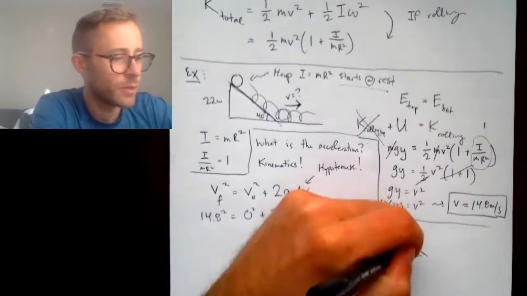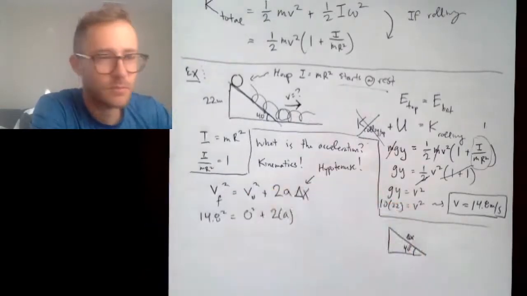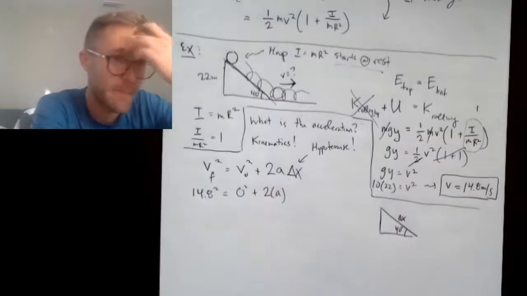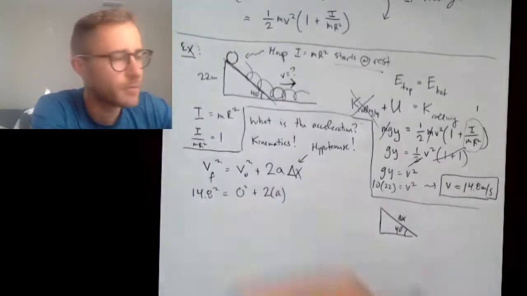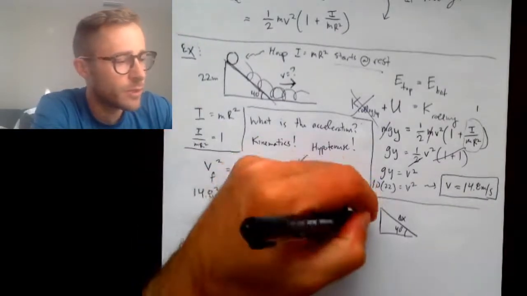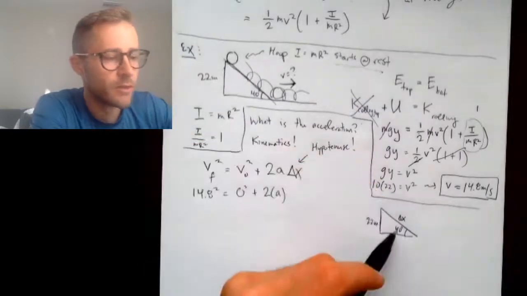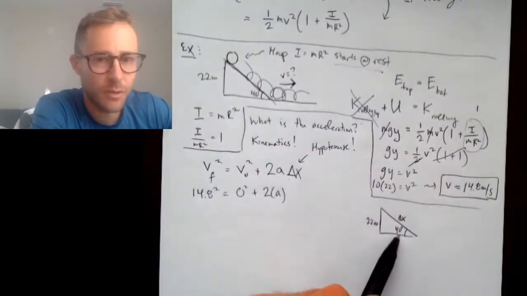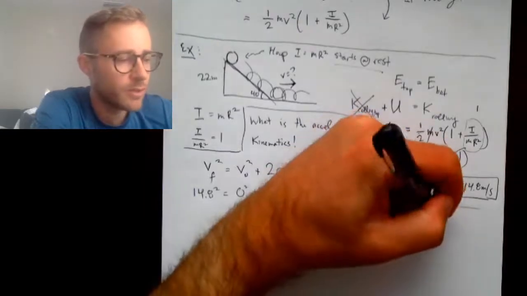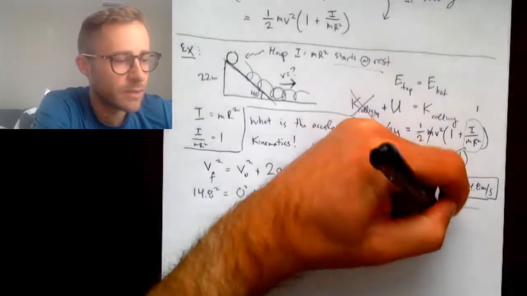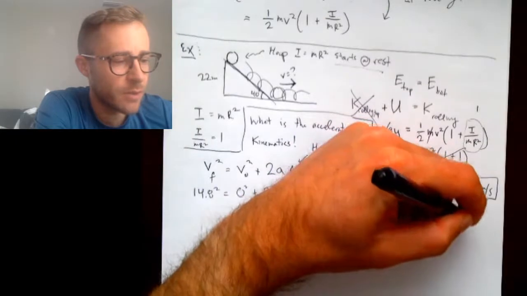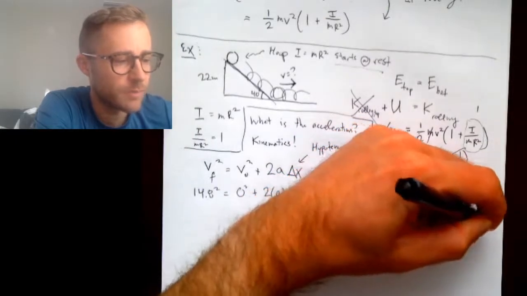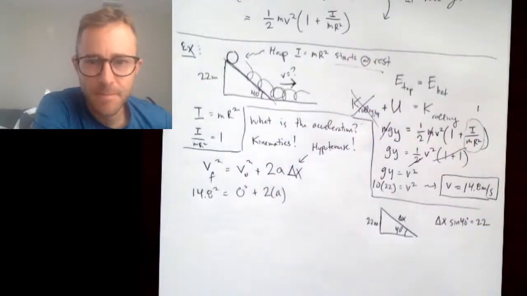And then this is 40 degrees. Okay. And then this is 22 meters. So I know that this 22 meters is opposite the 40 degrees. So that means that delta x times sine of 40 degrees equals 22. All right.